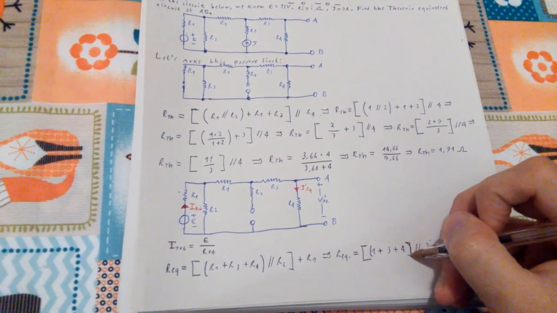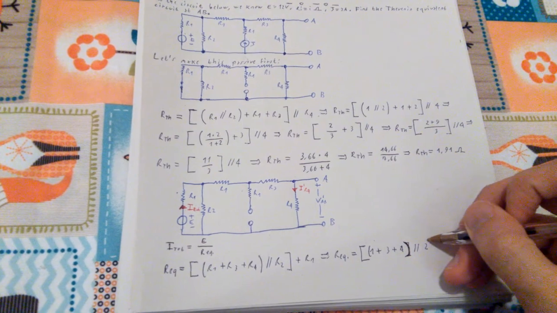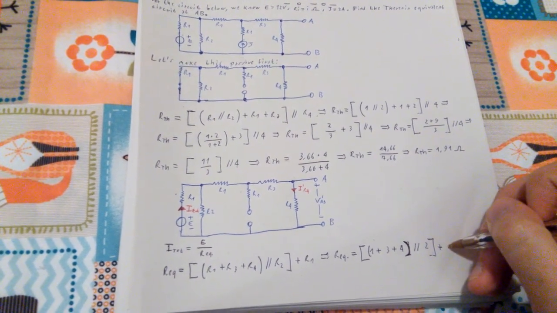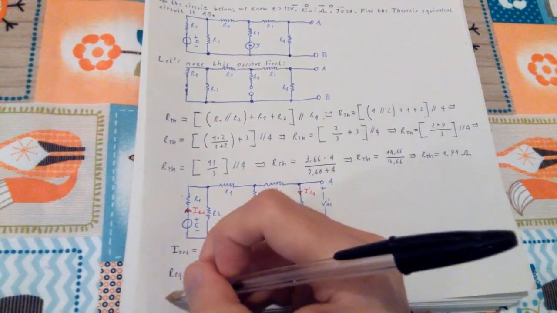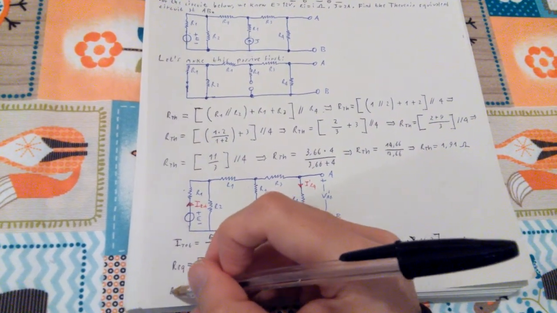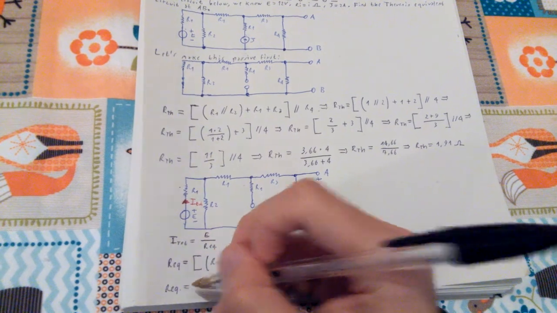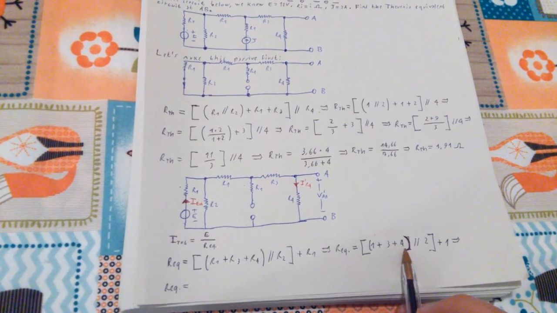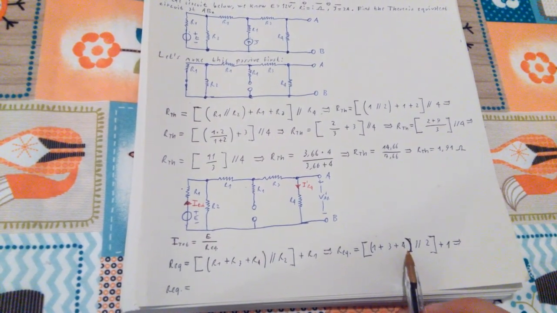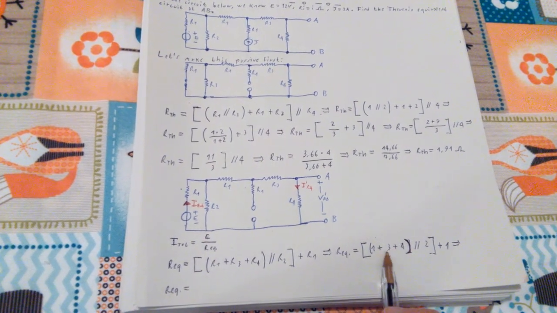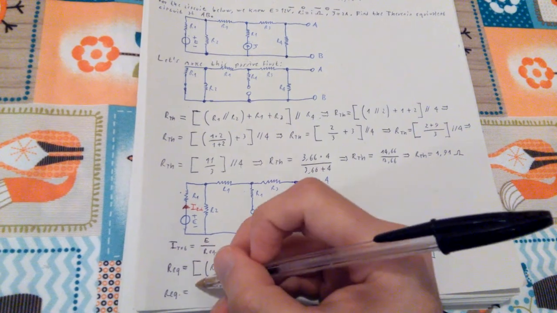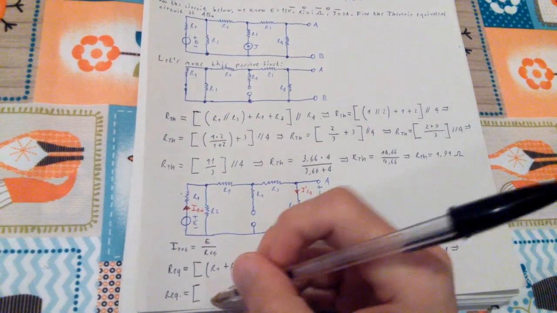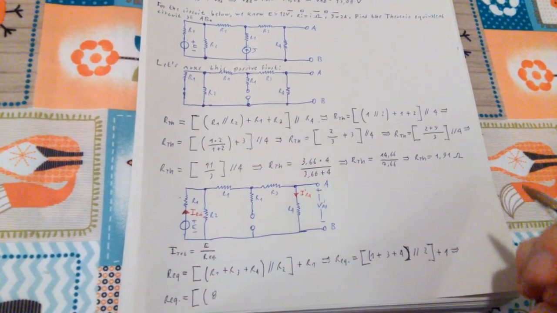Whoops, I made a boo-boo. Yeah, there we go. And then everything plus R1, which is 1 ohm. So R_EQ is equal to 4 plus 3 plus 1, which is 8.